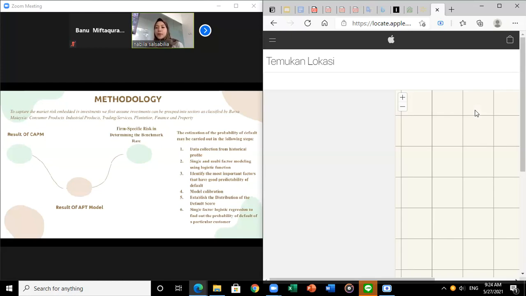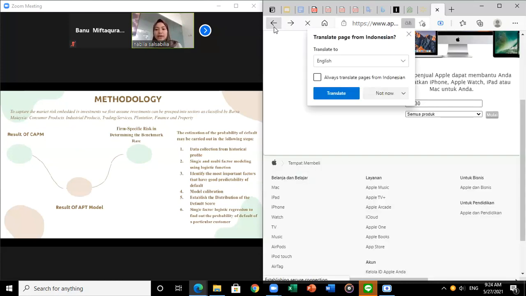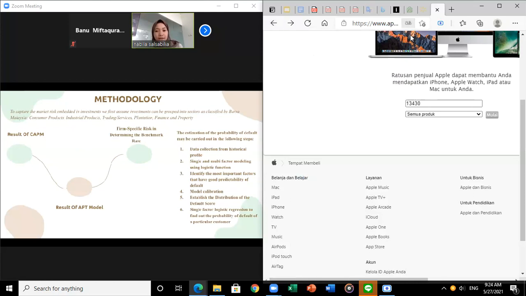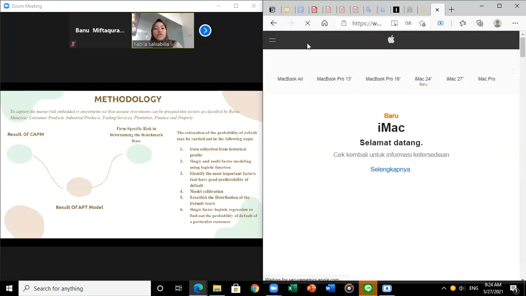To estimate the probability of default, it may be carried out in the following steps. There are 6 important steps. First is collecting data from historical profile. Second, single and multi-vector modeling using logistic functions. Then identify the most important factors that have good predictability of default.